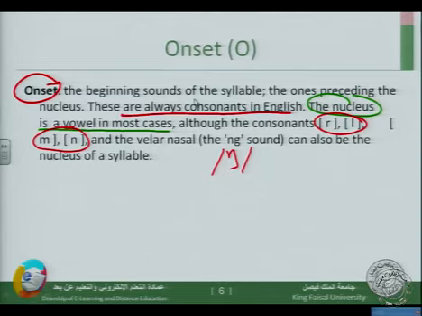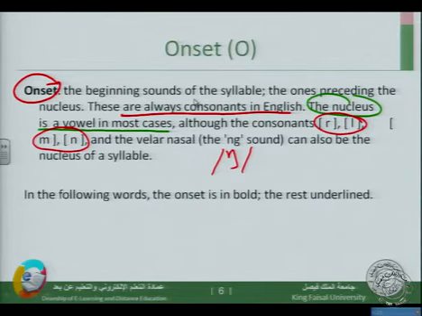First of all, the onset is the beginning sounds of the syllable, the ones preceding the nucleus. All onsets are always consonants in English. However, the nucleus is almost always a vowel. However, we have consonants that might be nuclei, like R, L, M, N and ing. These can be nuclei.